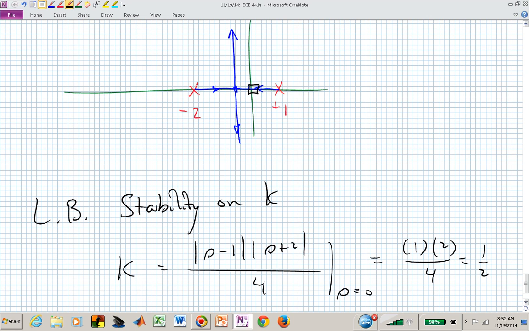It's now 1/2. Did I do that right? Did I have a 4 to begin with in the numerator? So now I just have to crank up my gain beyond 1/2 and I'm stable. And you did that using root locus and not Ruth array or anything else.